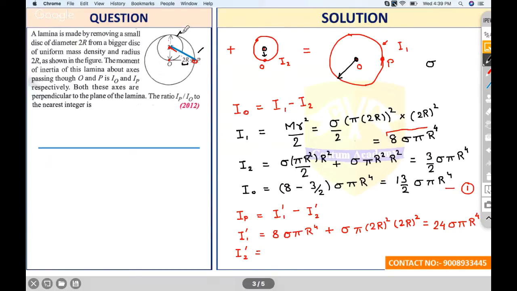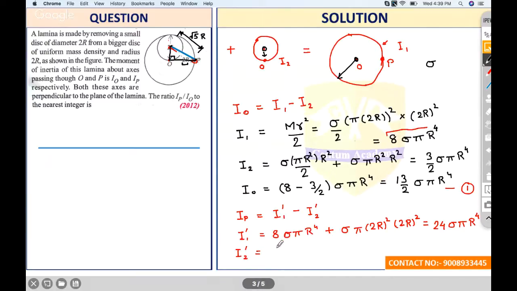This is the distance between the center of mass axis and the axis through P. This is the distance between two parallel axes. This happens to be under root 2r square plus r square, that is equal to root 5 times r. You can see that there is a right angle triangle over here, so this is under root 2r square plus r square. That is why it is root 5 r.